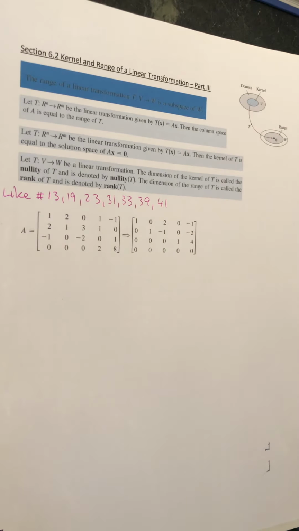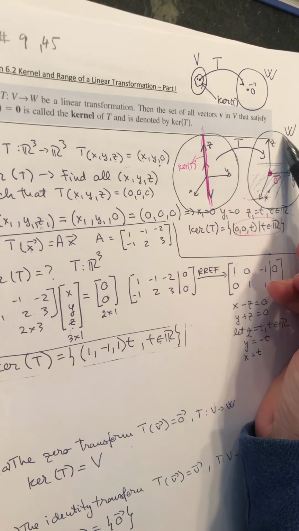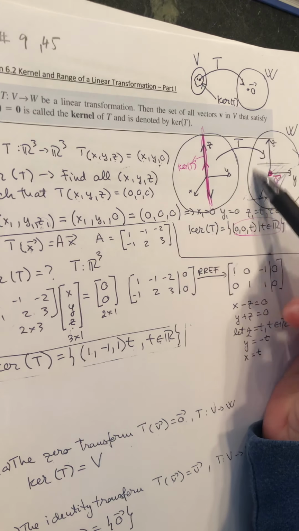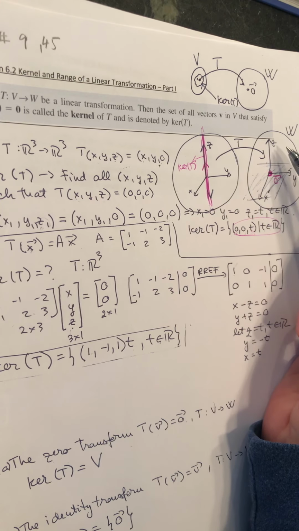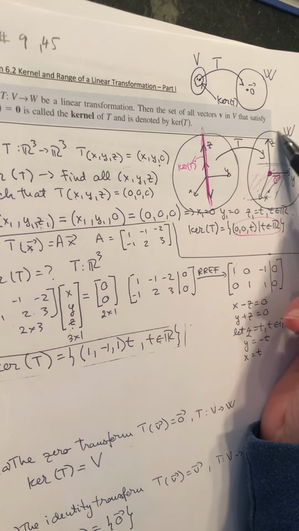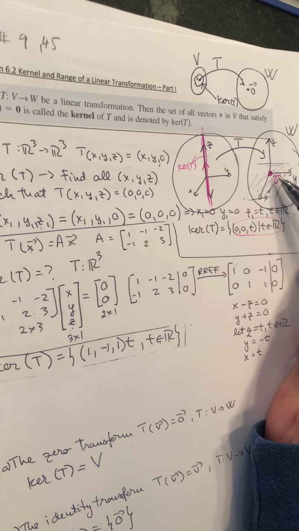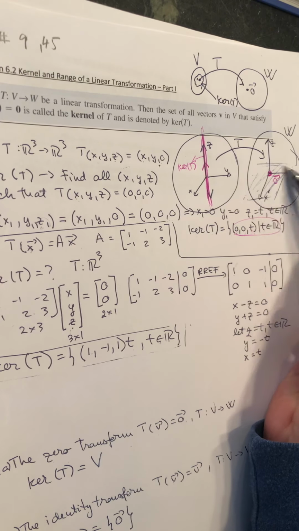We saw an example previously where the codomain was all of R3, but the range was just the XY plane, right?